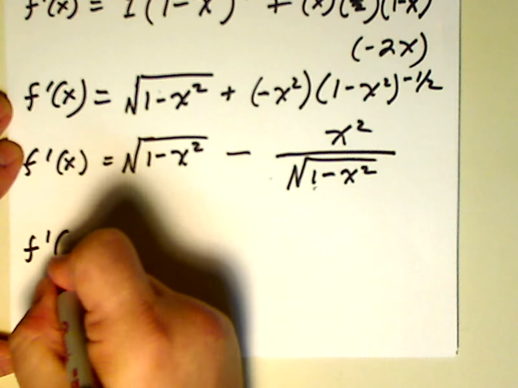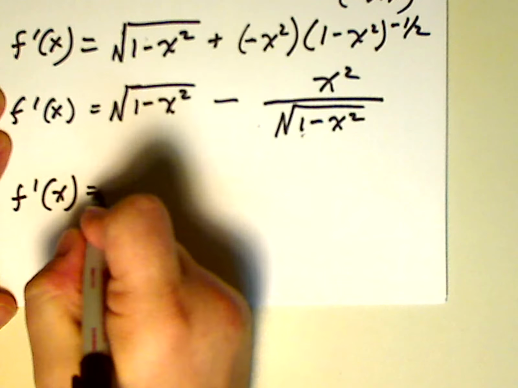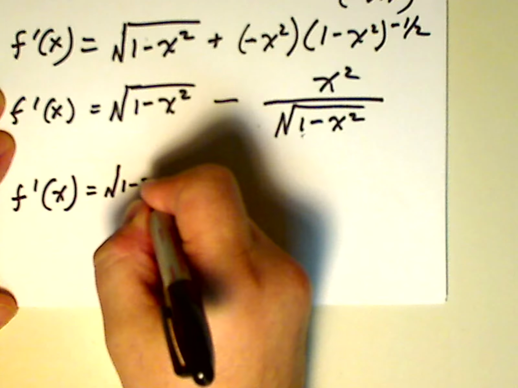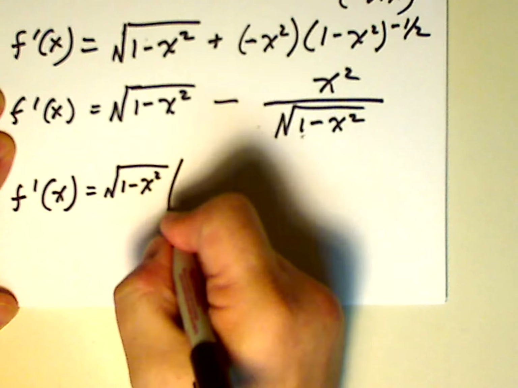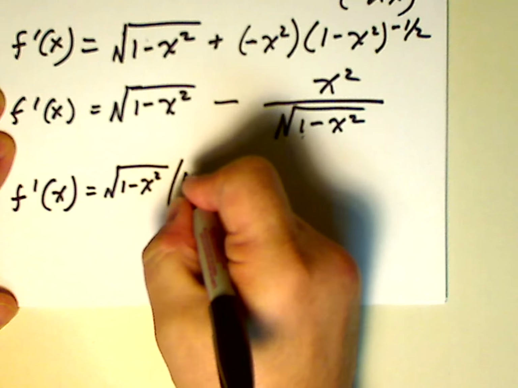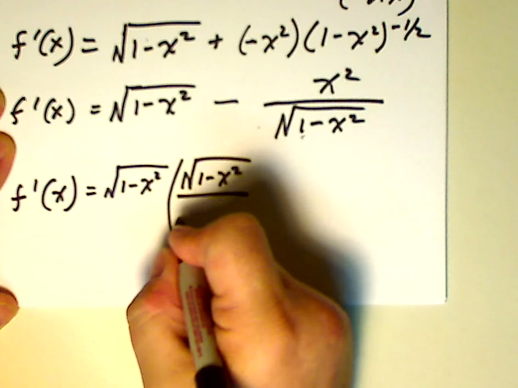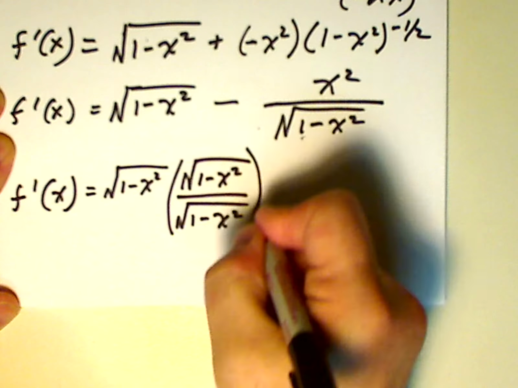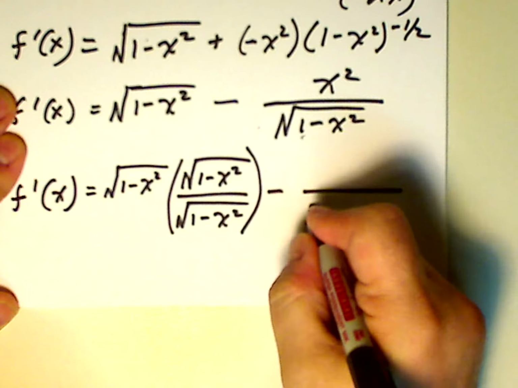So f prime x is equal to, let's see, 1 minus x squared times the square root of 1 minus x squared over the square root of 1 minus x squared minus, and then I'm just going to subtract off this term here.